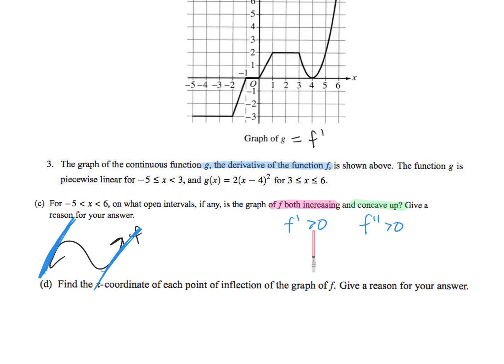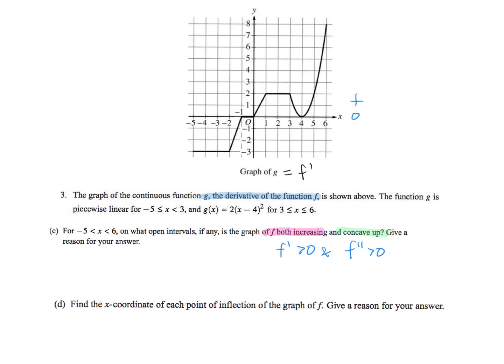Then we got to go find out where. This is a graph of F prime. F prime is going to be positive anywhere above the x-axis. Would you agree that we're above the x-axis this entire blue time? That's where my F prime is positive.